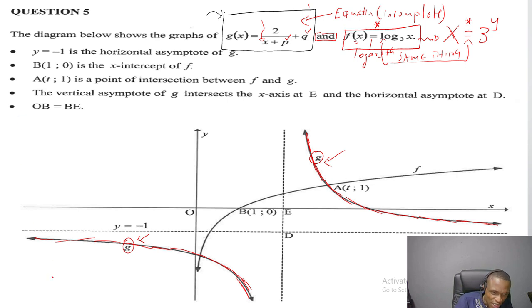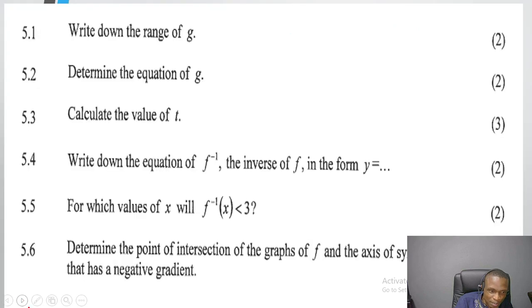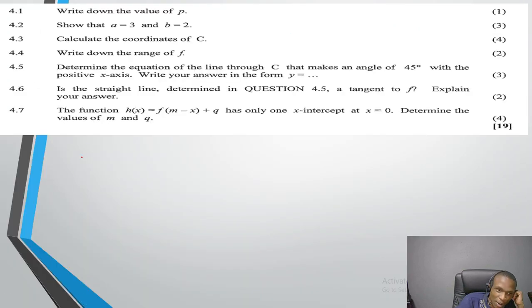The hyperbola function, let me go to the other side a bit. There are the questions. Yeah, I want to write here. The hyperbola function and the exponential function.